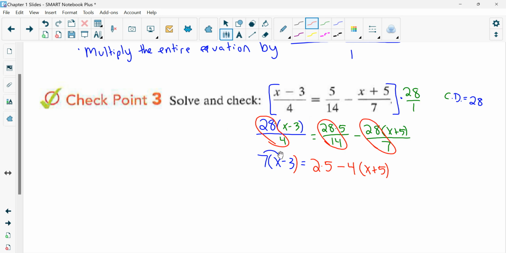So we want to simplify first, so we can distribute that 7. I want to multiply the 2 and the 5 together to get 10. And then I will distribute the negative 4 and get negative 4x minus 20. We can combine our like terms on the right side. And 10 minus 20 is negative 10.